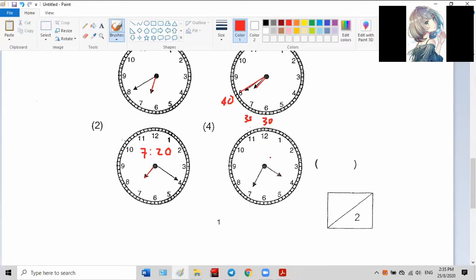This one? Before you say 4, has it reached 4? It hasn't really reached 4. So 3:35. If it's 4:35, it must be somewhere here, with the hour hand coming to the 5. You get it? So it's still not at the 4 yet.